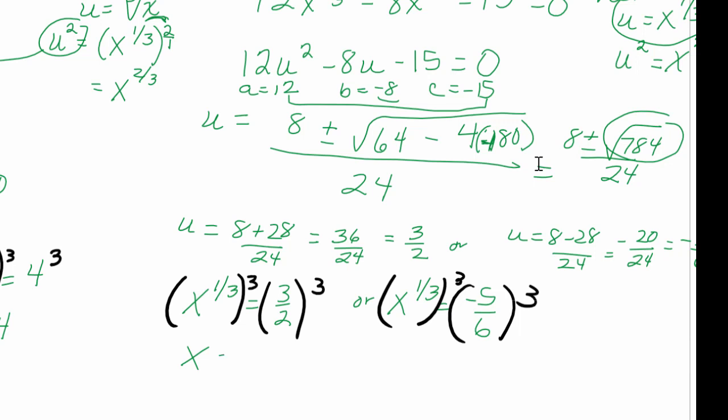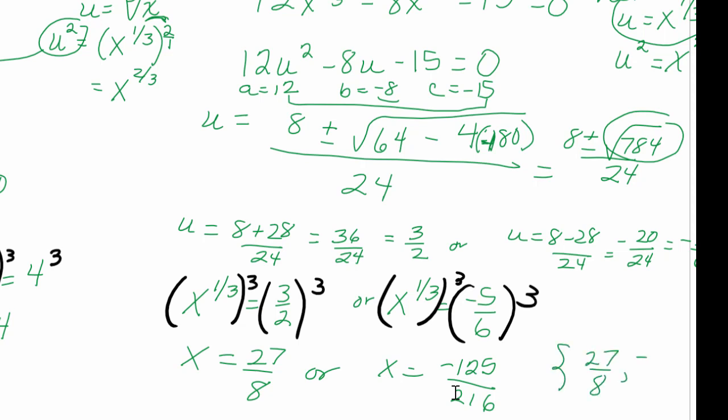So 3 cubed is 27, 2 cubed is 8. So 27/8, or x is negative 5 cubed is negative 125, and then 6 cubed is 216. So our two answers, 27/8, I know that looks ugly, and negative 125/216, which you can check using your calculator.